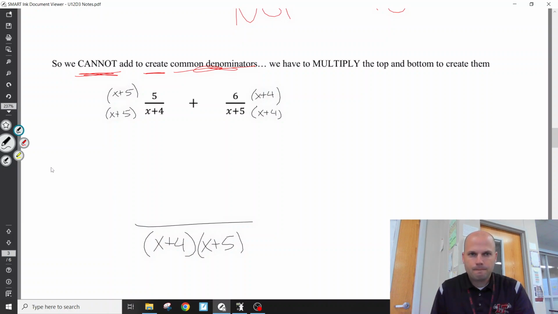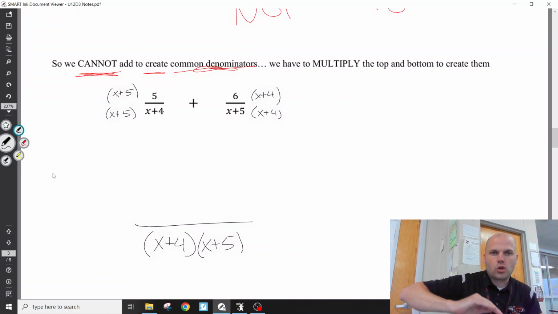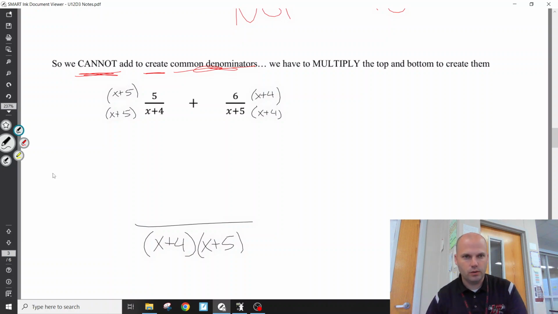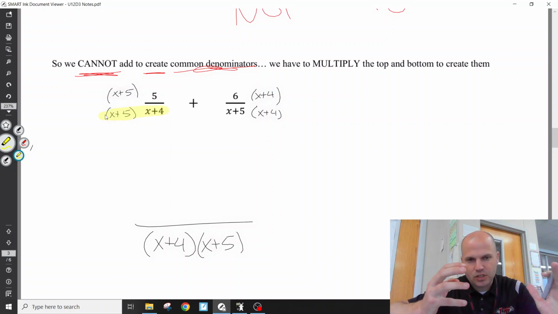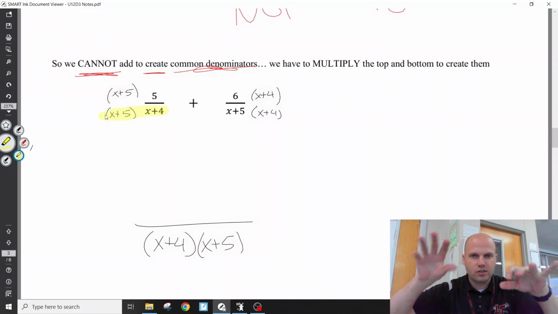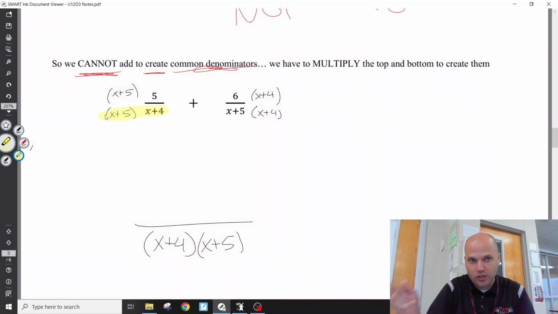Now, here's where we could do some stuff if we wanted to. We could decide to multiply x plus 5 and x plus 4. But I don't want to, because this is nice and factored. It's x plus 4 and x plus 5. We like to factor all of our fractions so that we have a product. That way, if we could cancel, we'd cancel.